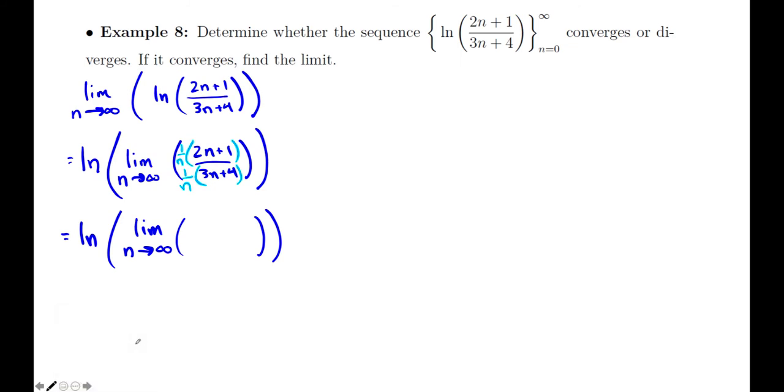That's going to give us 2 plus 1 over n on top, and then 3 plus 4 over n on bottom. But as we let n go to infinity, that's going to head to 0, that's going to head to 0, and so we have the natural log of 2/3.